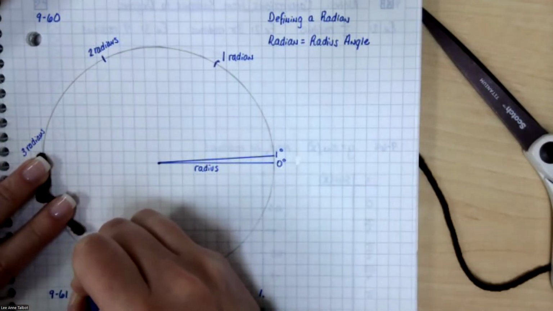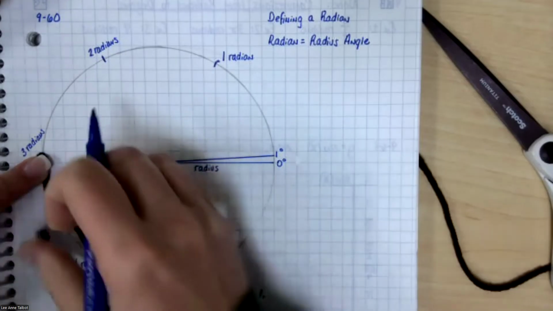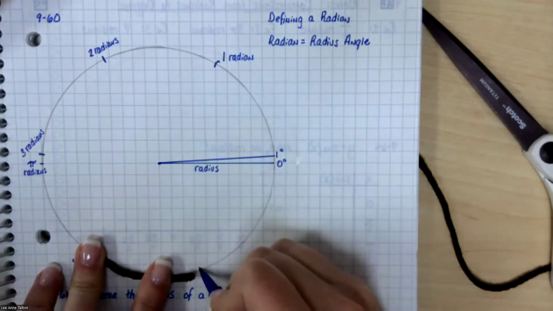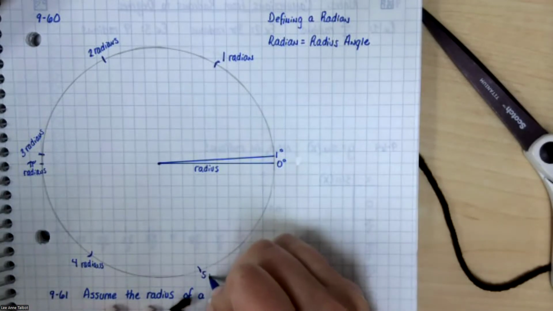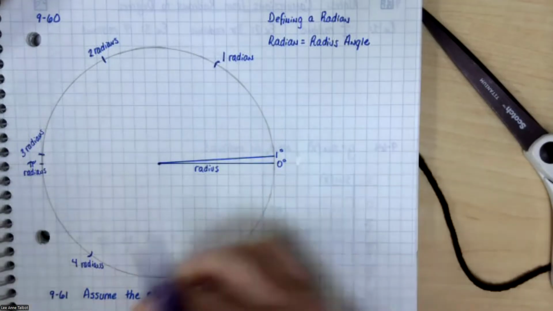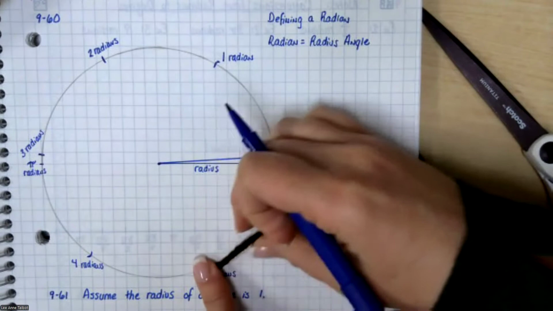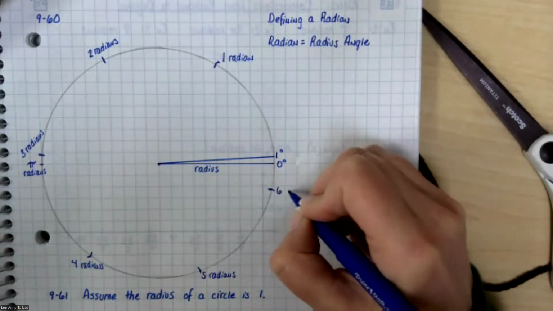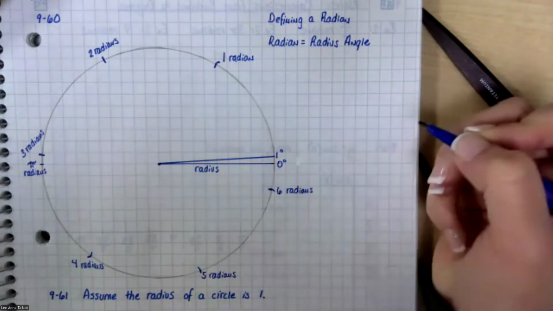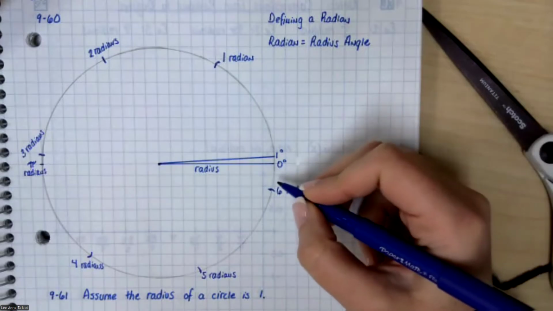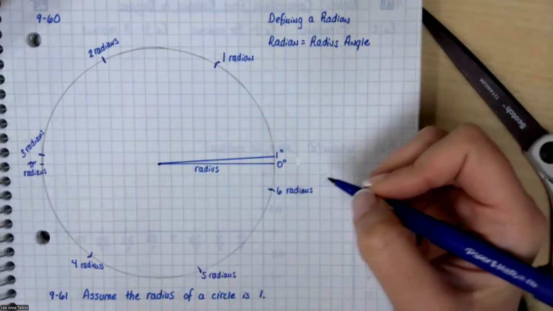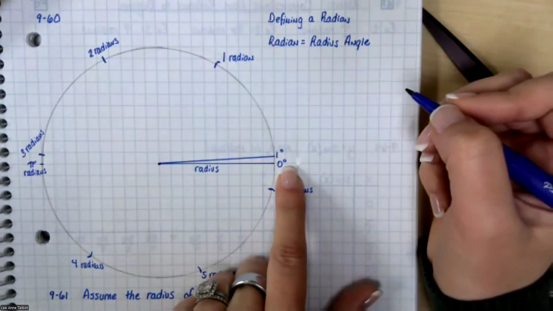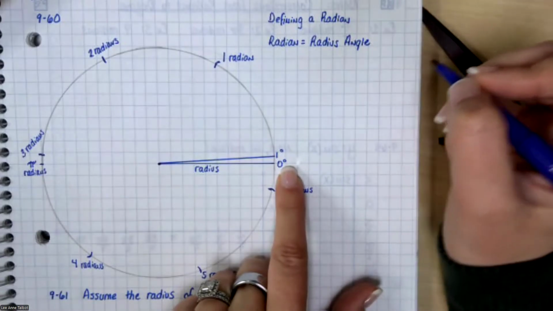4. 5. 6. And this is going to be 2 pi, because 2 pi is about 6.28.